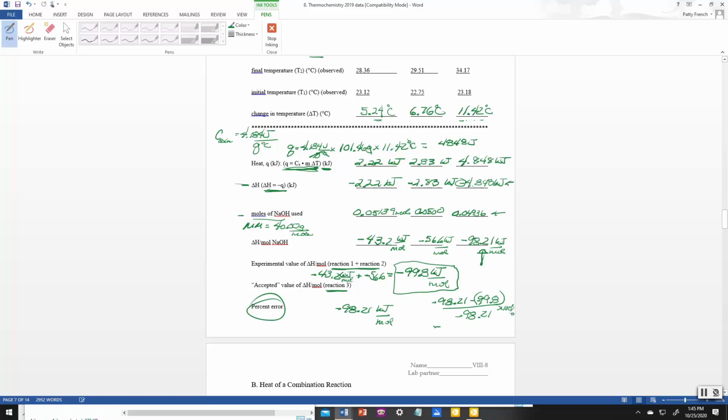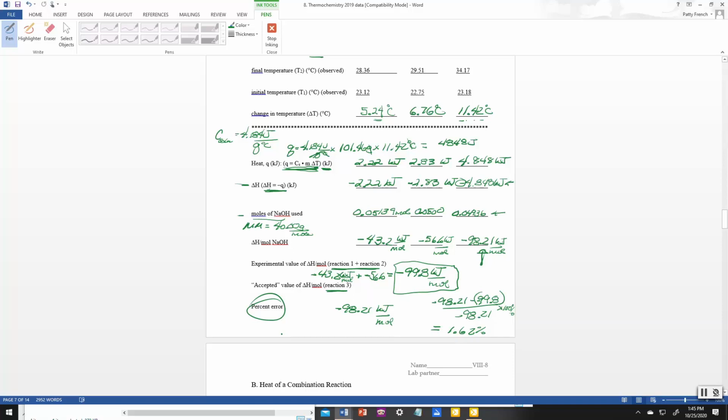And that was found to be 1.62% error. That's really good. And that was a really good way to support the whole idea of Hess's law being an actual thing.